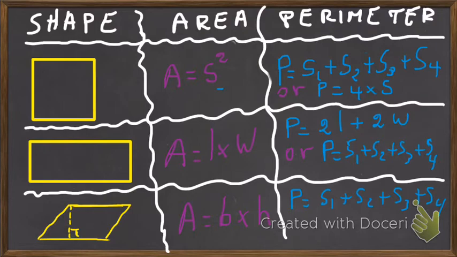Here the name of this shape is the parallelogram. Do you remember the parallelogram? You have to be careful because in here, this is not the height of the side. This is the height, all right? So we have the square, the rectangle, and this one is a very long word, the parallelogram.